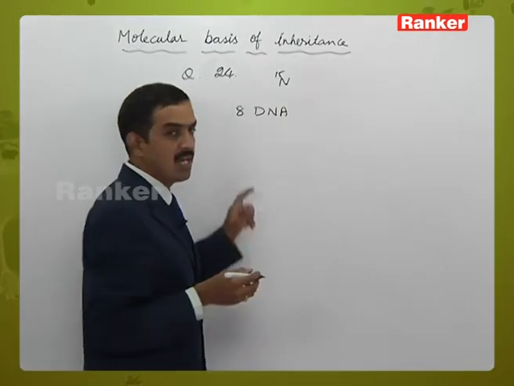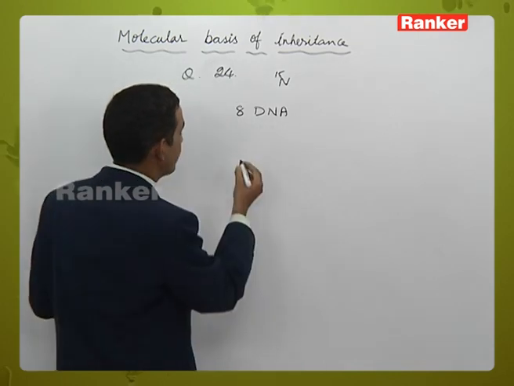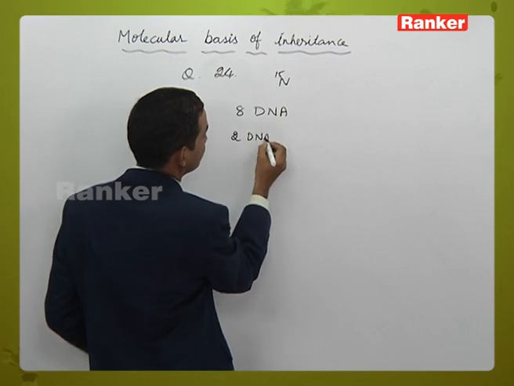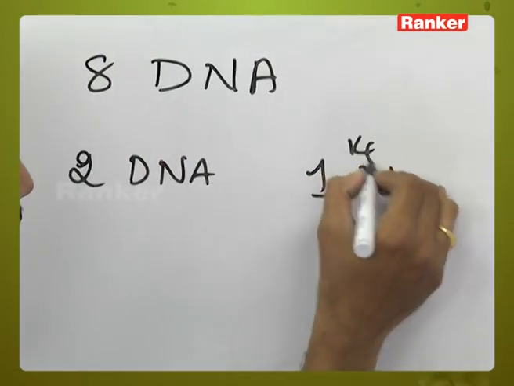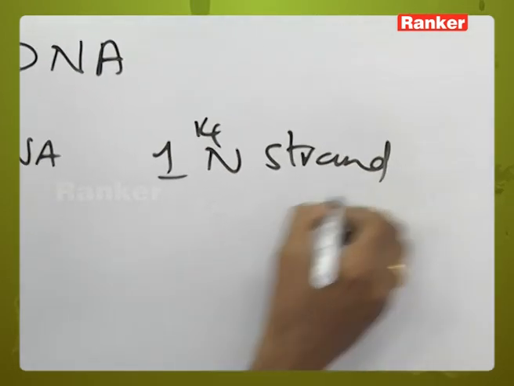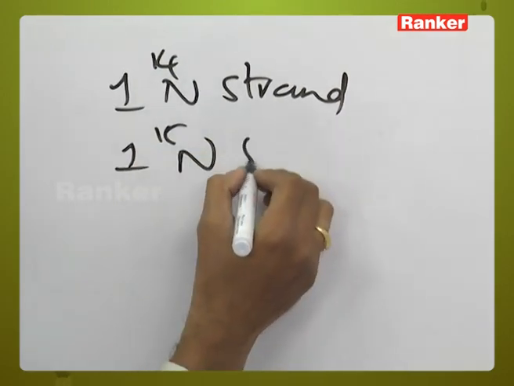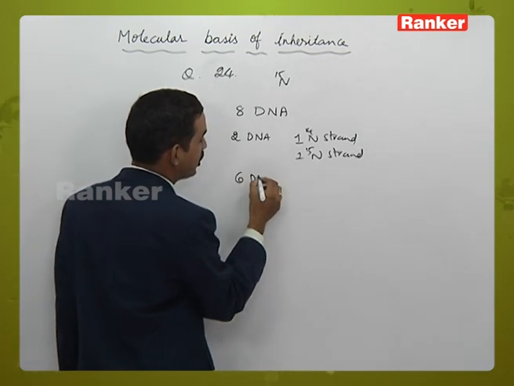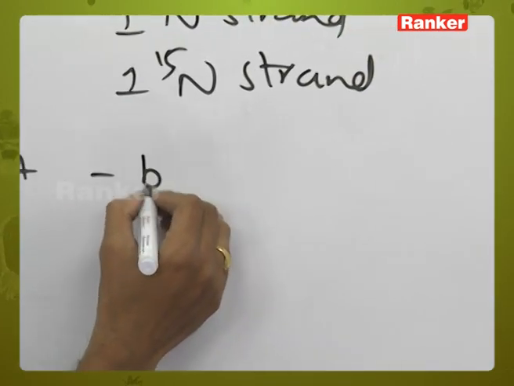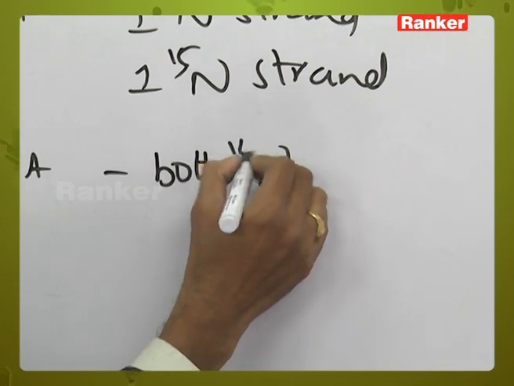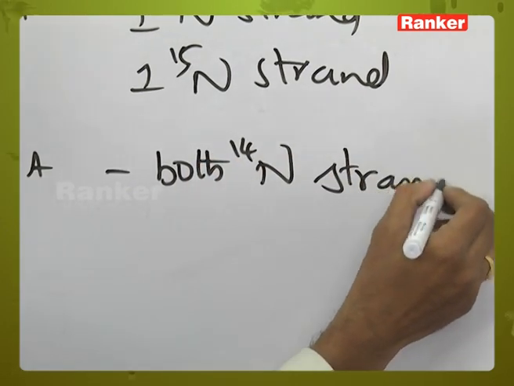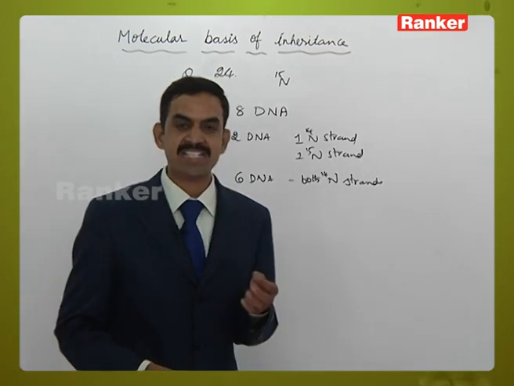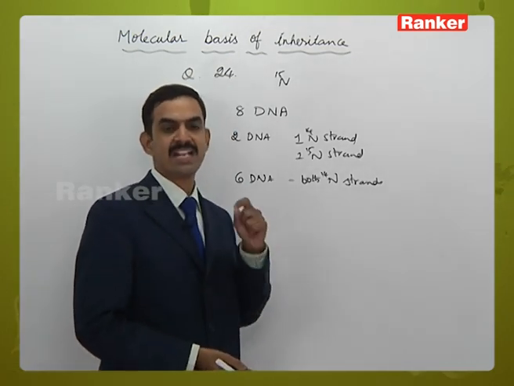Out of the 8 DNA molecules, 2 DNAs are with one N14 strand and one N15 strand, whereas the 6 DNA molecules have both N14 strands. So the question is, what is the percentage of DNA strands with N14 and N15?